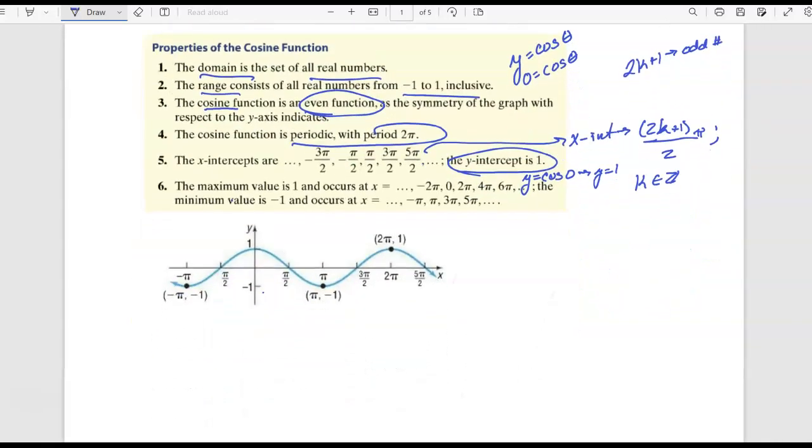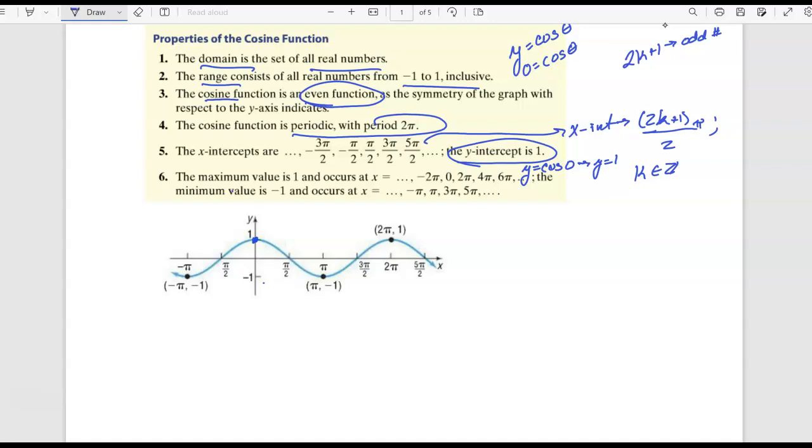And then we could talk about minimums and maximums. Maximums are happening here. Minimums are happening here. So the question is, how do we go about doing some transformation stuff? And I like to do transformations pretty much the same way that I did them back in a pre-calc class, where we can talk about moving them horizontally.